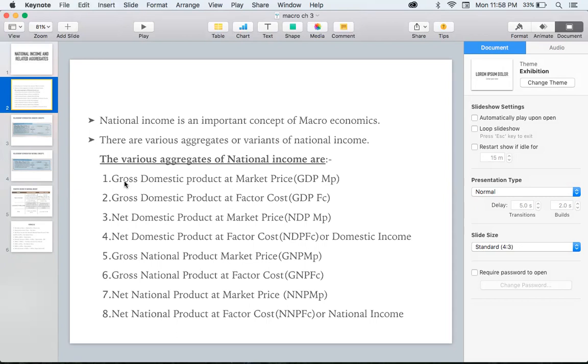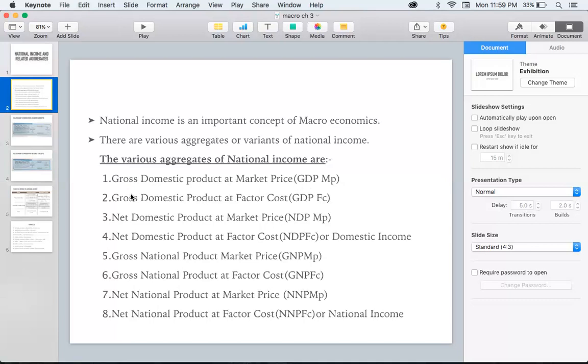You know what depreciation is also. So in all the gross aggregates, whether GDP at MP, GDP at FC, or GNP at FC, I will include the depreciation. It means that if I want to find the gross, I will add the depreciation.